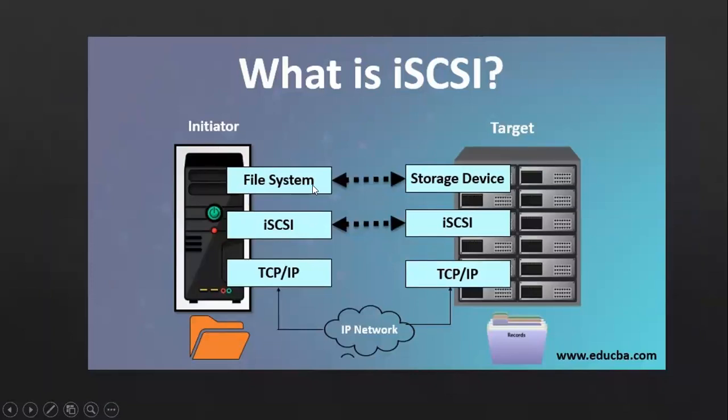The file system will be there, which is moved through TCP, the Transmission Control Protocol, from one side to the next side as a file system, stored in the storage area in a target. And iSCSI is stored in both ways. This is the TCP which we are representing. This too is connected through the IP network. The files will be present here in the initiator, and the storage will be done in the target.